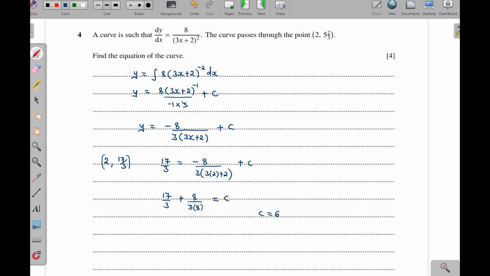So the equation of the curve will therefore be y equal to negative 8 out of 3 into 3x plus 2. If you want, you can multiply out the brackets here, then plus 6. And that is that.